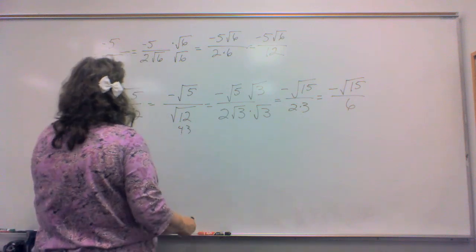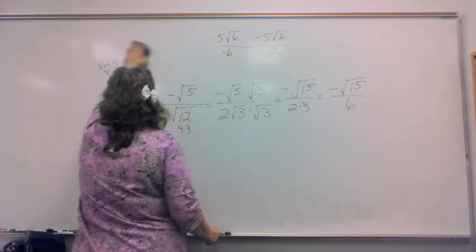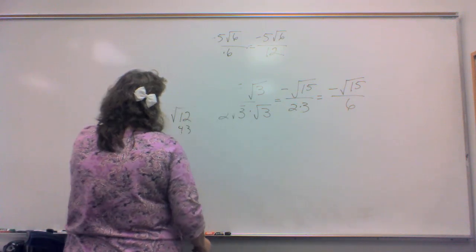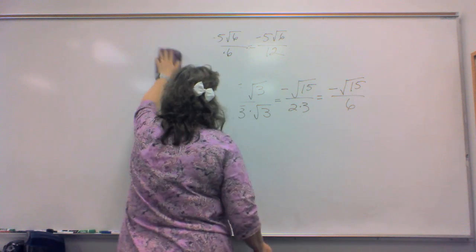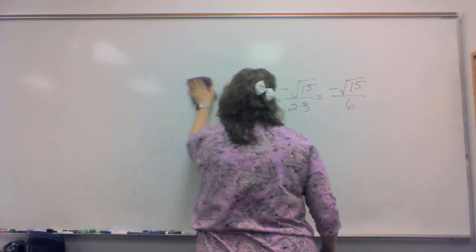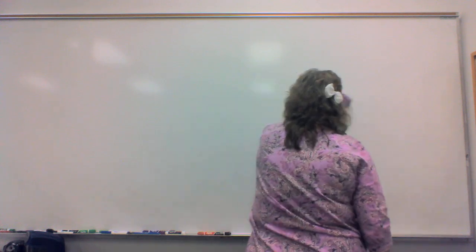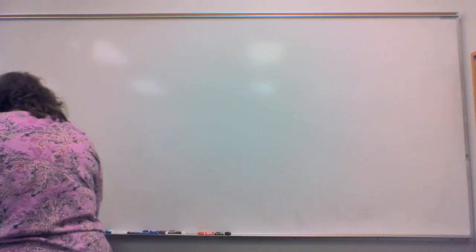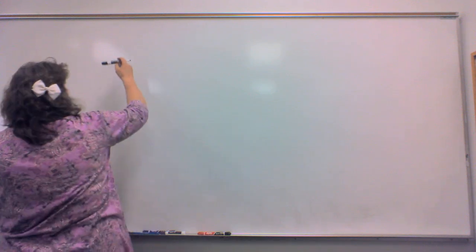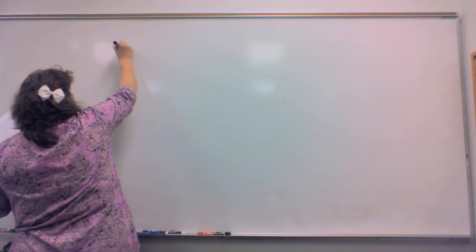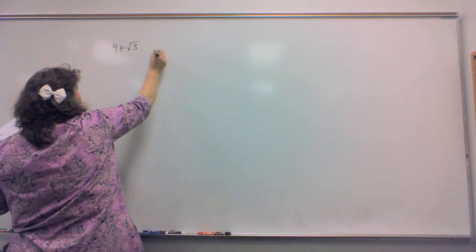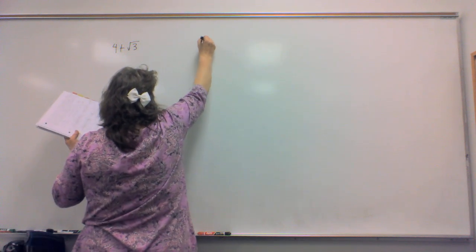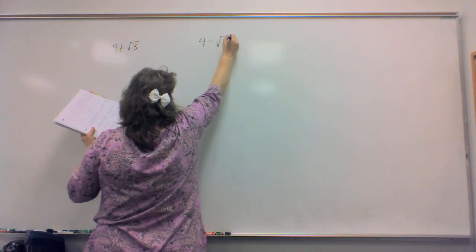Now we're going to look at binomials. And first of all, let's just look at writing conjugates of these binomials. Okay? So, if you're given 4 plus square root of 3, the conjugate of that would be 4 minus square root of 3.